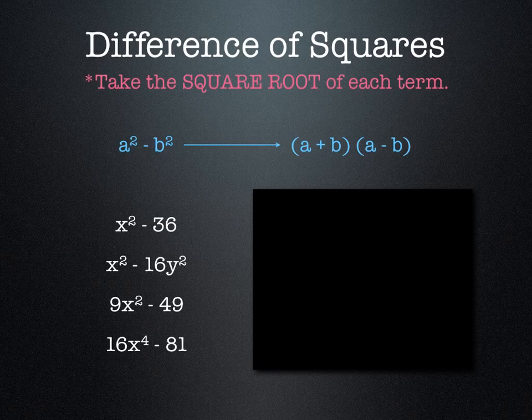And I had to block out all the answers because my copy had all the answers written in. So that's what that big rectangular box is. But we're going to work through these together.